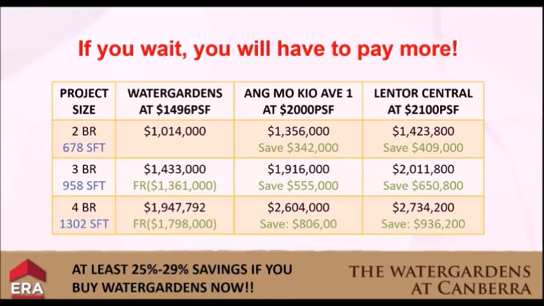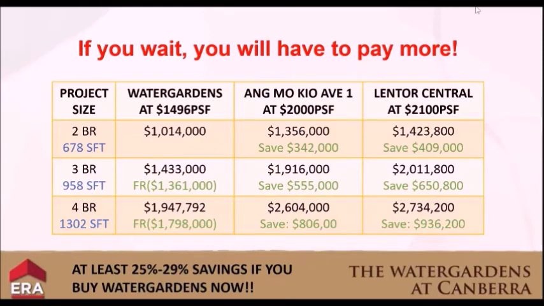And what about 4-bedroom? For 4-bedroom, our cheapest unit is at 1.798 million. If your client is able to commit today, just now we saw the golden PSF, right? Does anybody remember? If you remember, put it in the chat group.